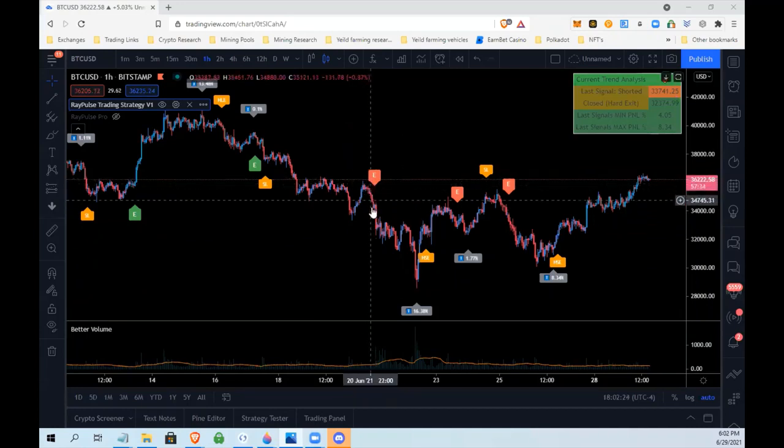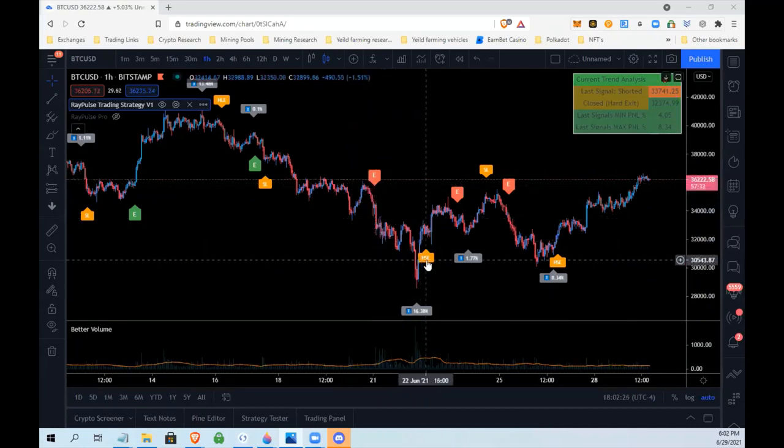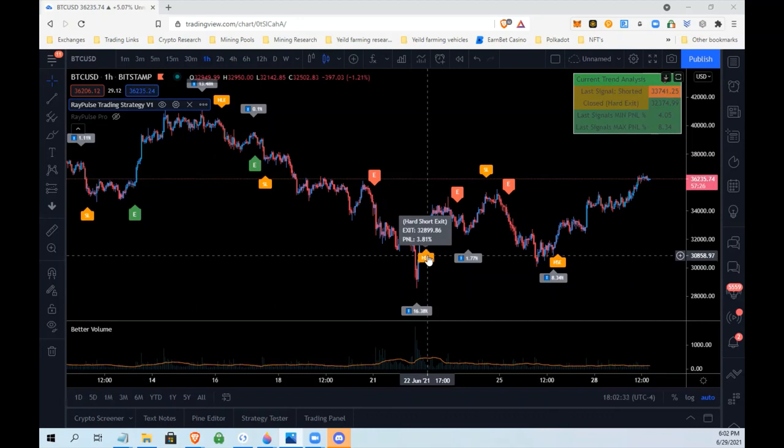So following this same signal, this HSE, or hard short exit, is basically a signal to get out of the position because the trend is turning, the trend is changing against you. And this should not be taken as a take profit. This is more of an emergency exit.